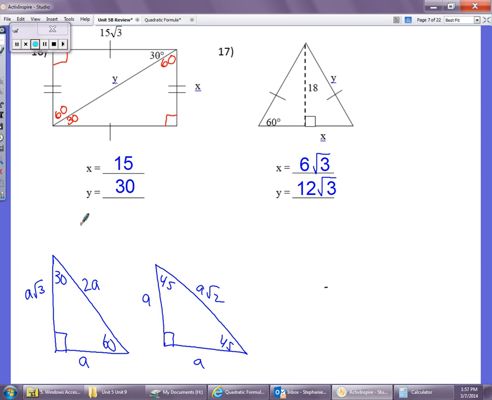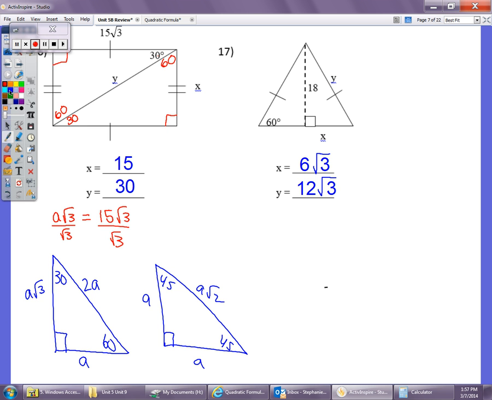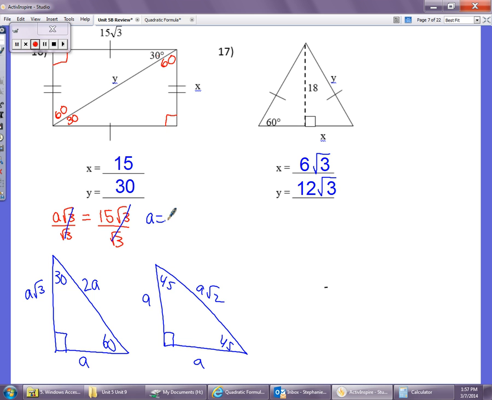So right now, a radical 3 equals 15 radical 3 because it's across from 60. So if I want to solve for a, I divide by radical 3. These are the same radicals, so they can cancel out. And I'll be left with a equals 15. My a is always across from 30.